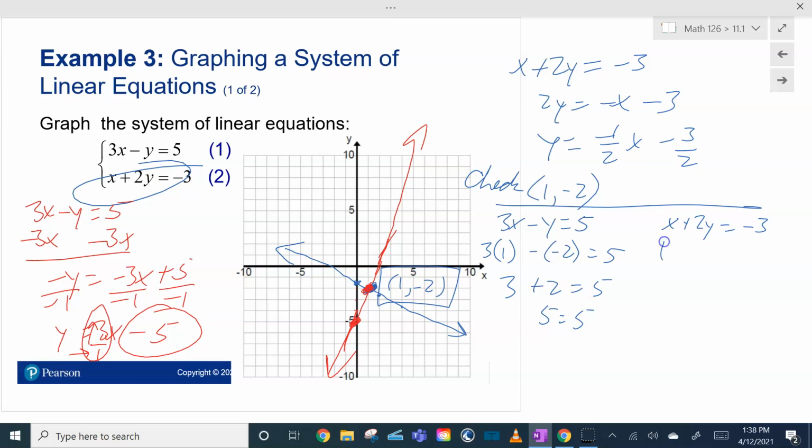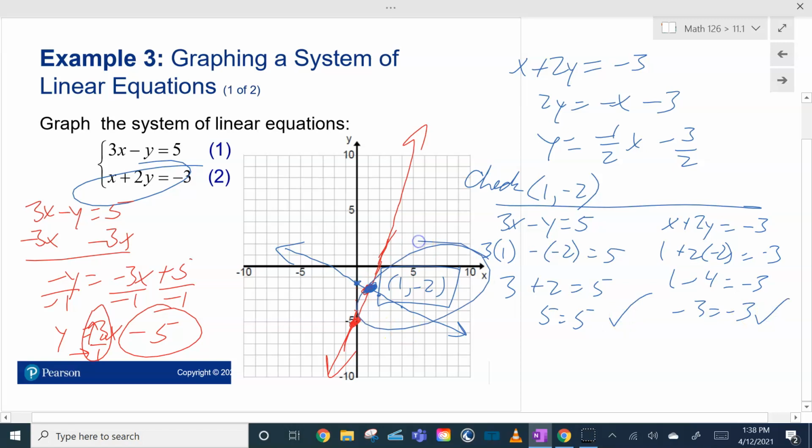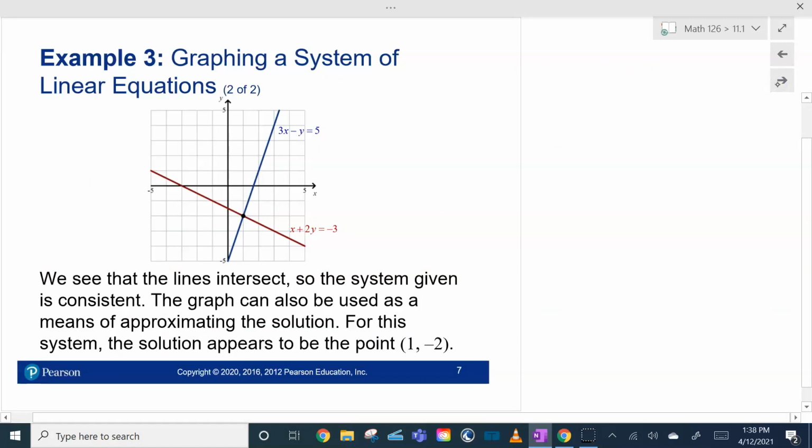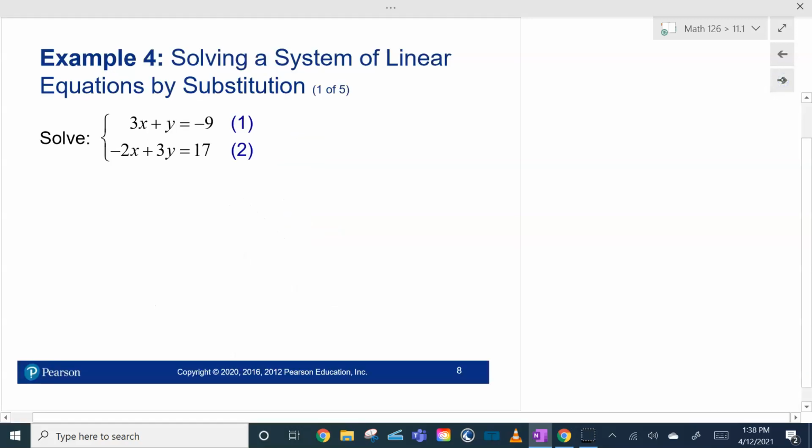There's the first one. Let me plug it in here. Sure enough, both are true. So 1, negative 2 it is. There's a little better picture of that. All right, so that's solving it by graphing.